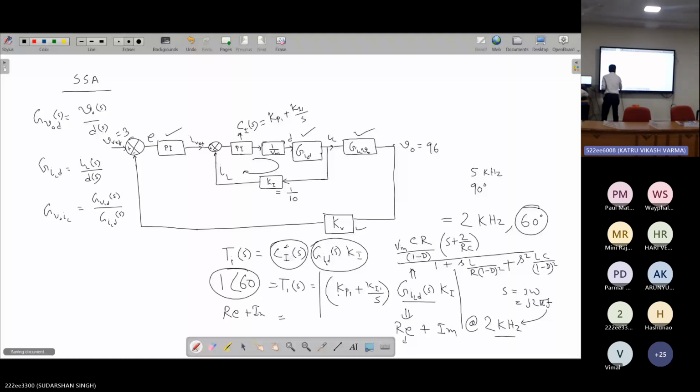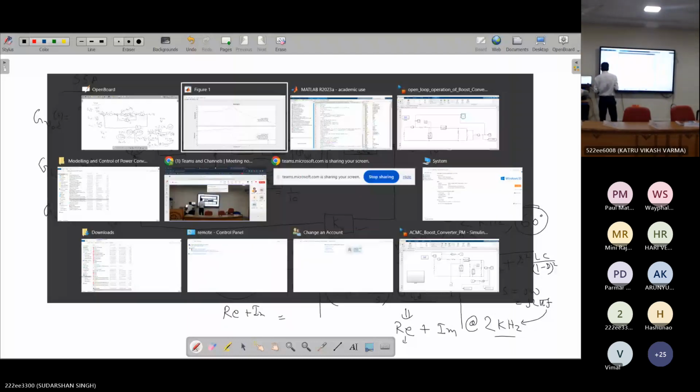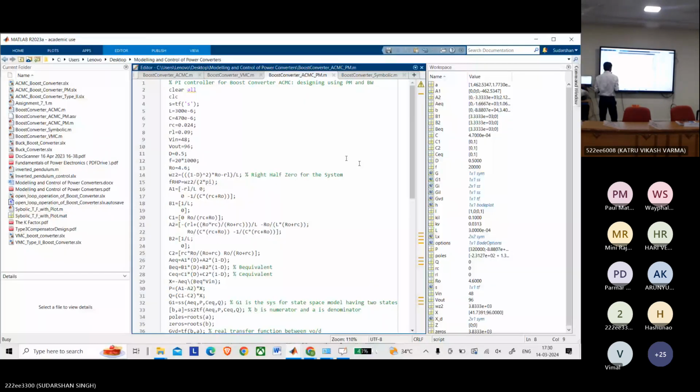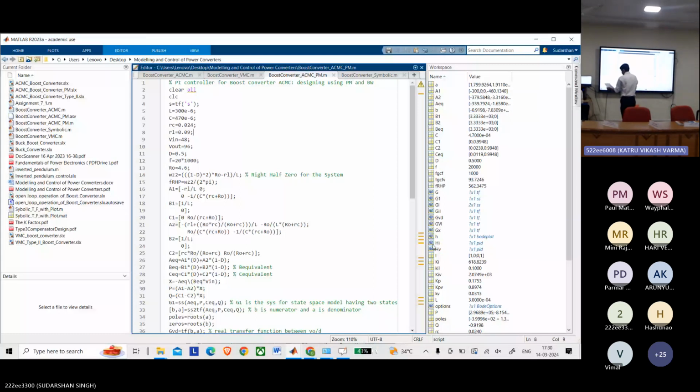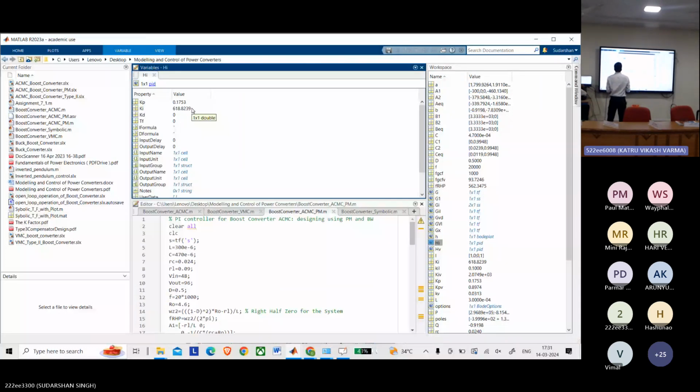So we did this, and what values did we get? Correspondingly, Kp1 and Ki1.